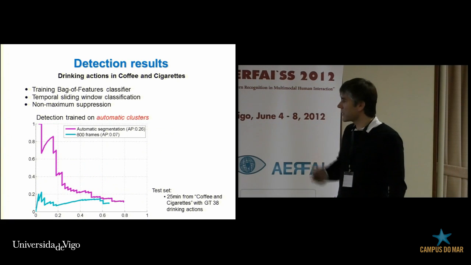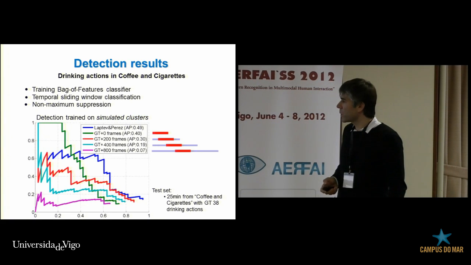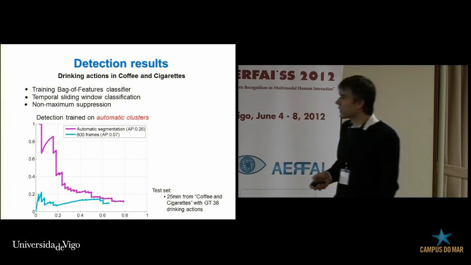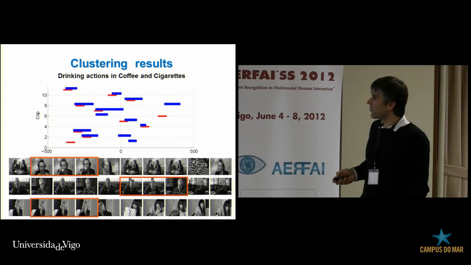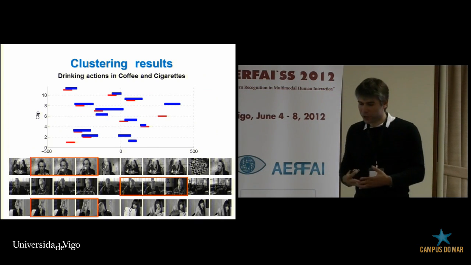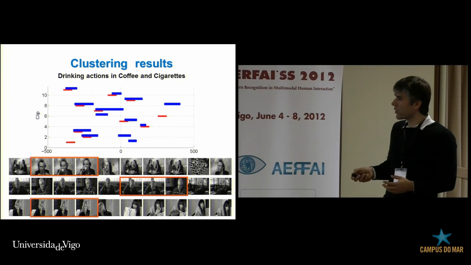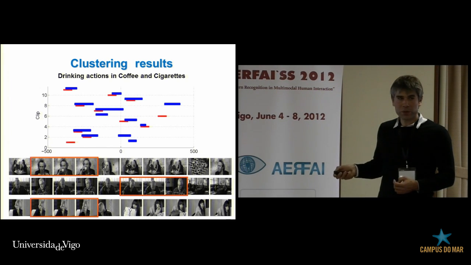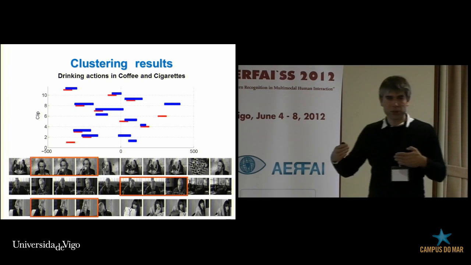Maybe just explaining this. Now we can think of action detection using training representations either from the whole clip or only from the actions which have been localized with our method. So these are two different approaches.